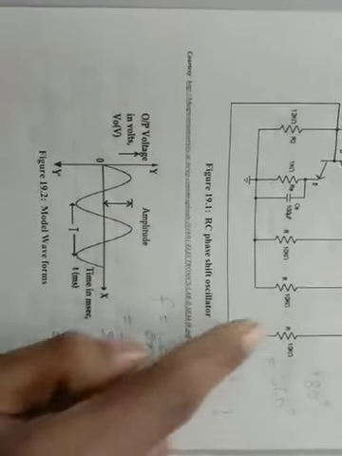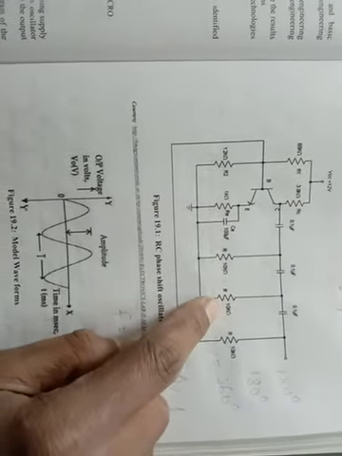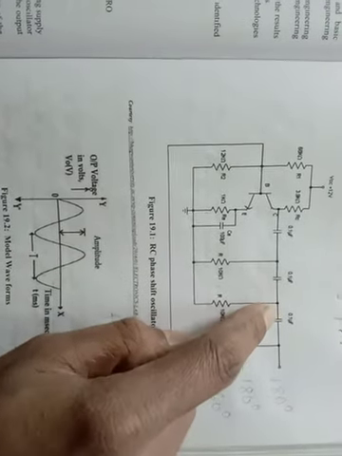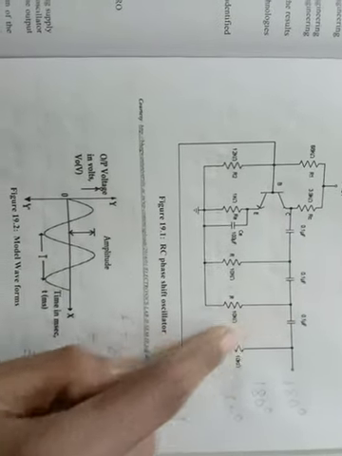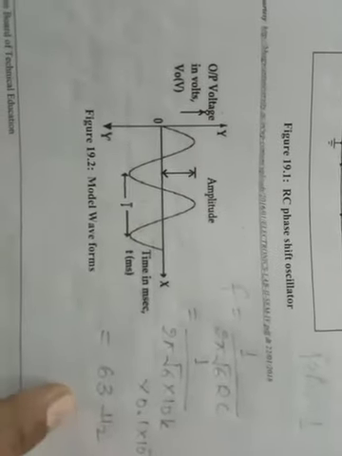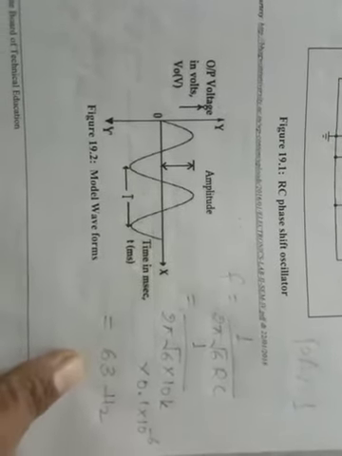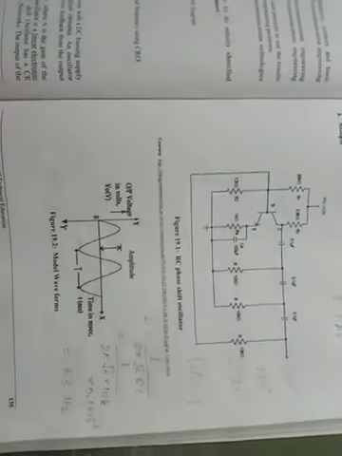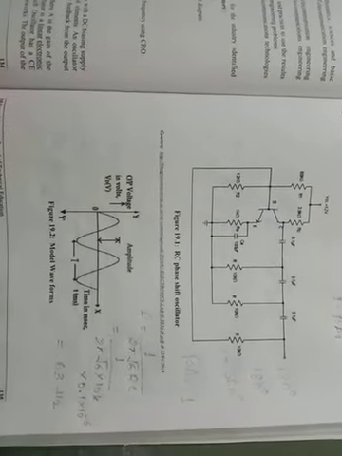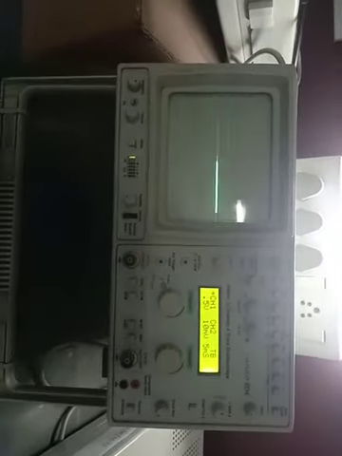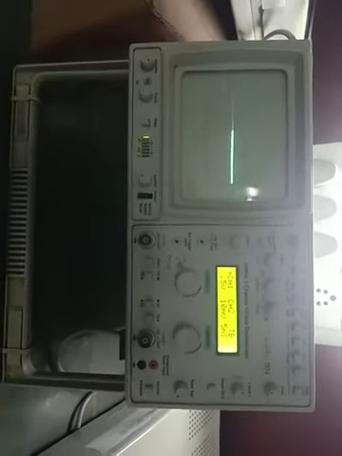The value of R is 10 kilo ohms, the value of C is 0.1 microfarads. I have put this in the formula, and the output frequency of oscillations is approximately 63 Hz. Now we will build this circuit on the breadboard, and using a CRO we will analyze the output waveform obtained.